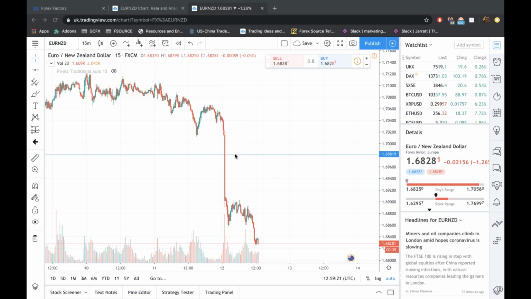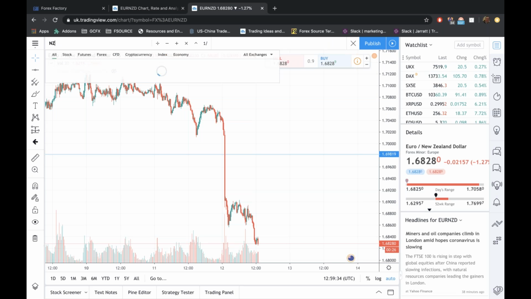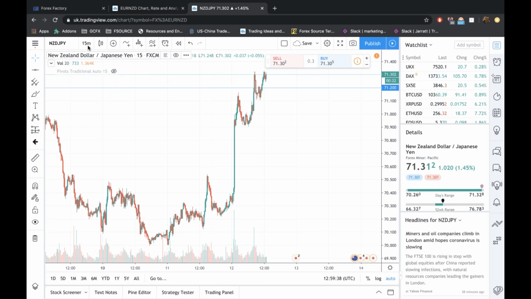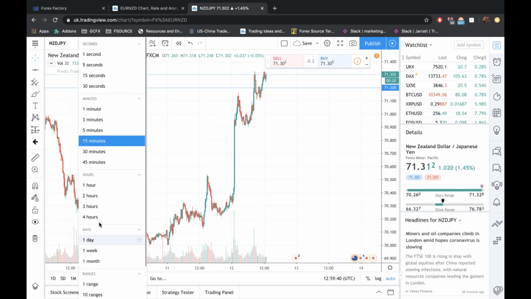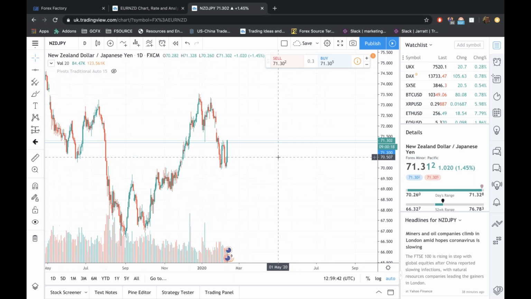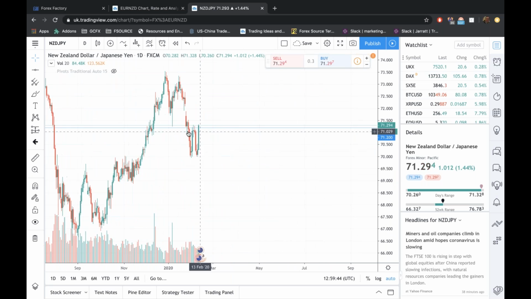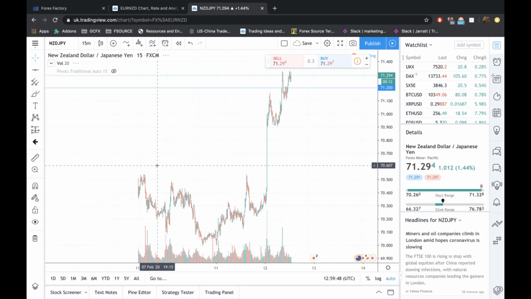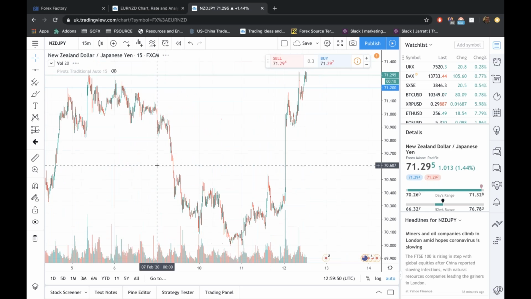Okay, Cecile, yeah, this is Cecile saying, wouldn't you expect a strong New Zealand dollar Japanese yen currency pair? So, okay, a strong move up is possible, Cecile, but is it worth risking that that's definitely going to happen?